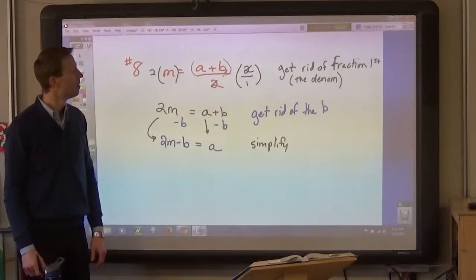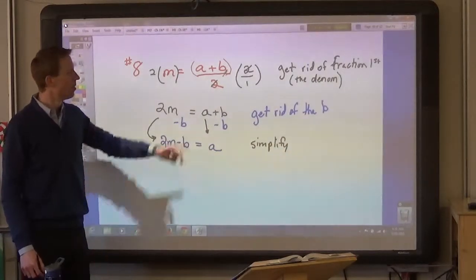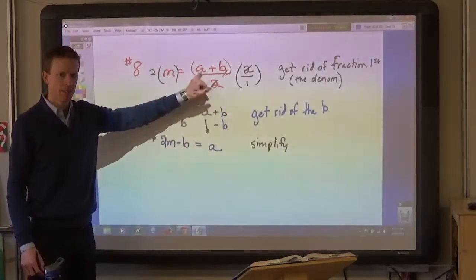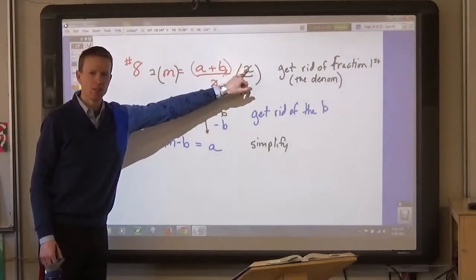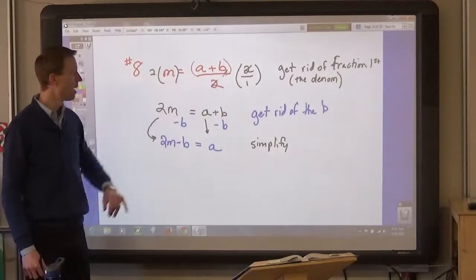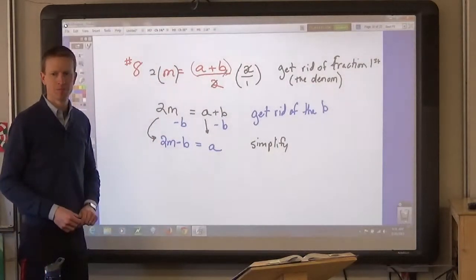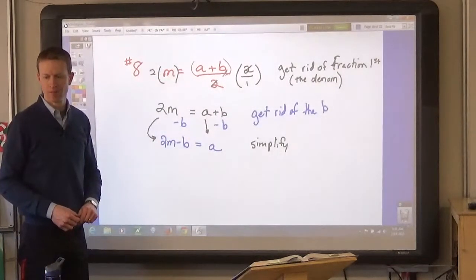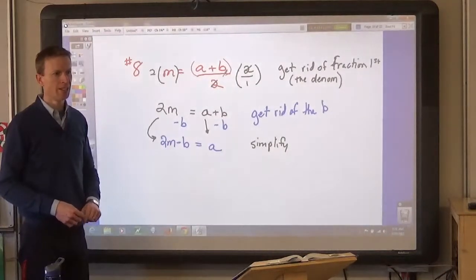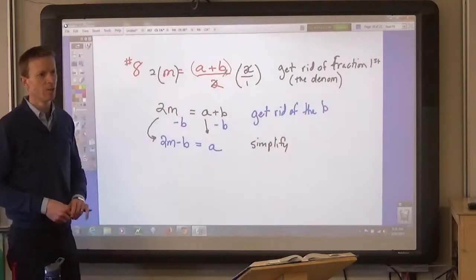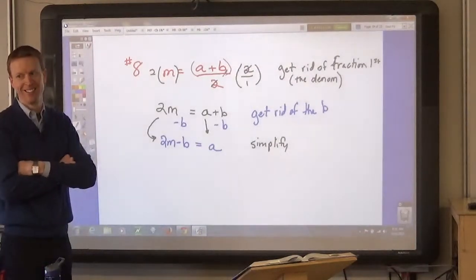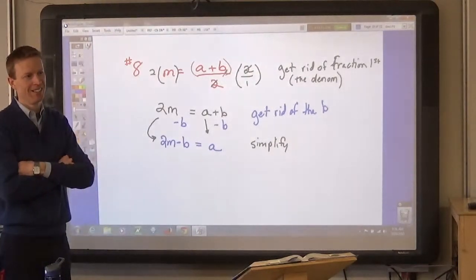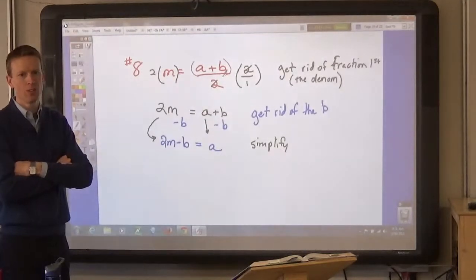Okay? So, multiply to get rid of the fraction. Multiply everything by 2/1 on both sides. Copy this down. Multiply everything by 2.